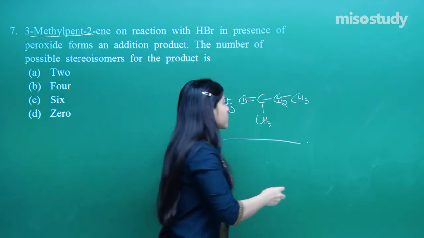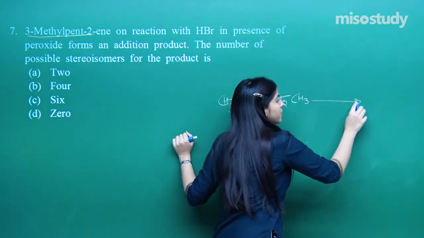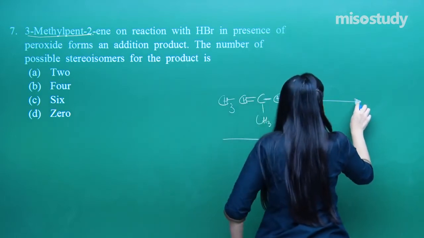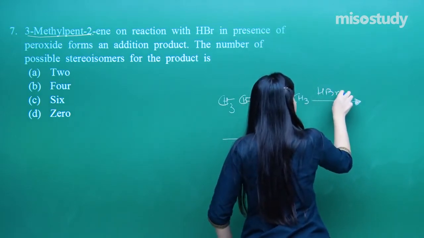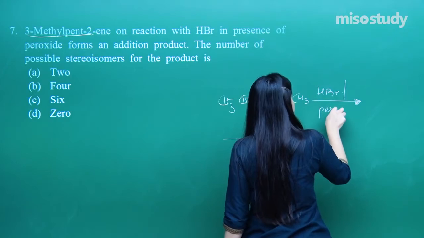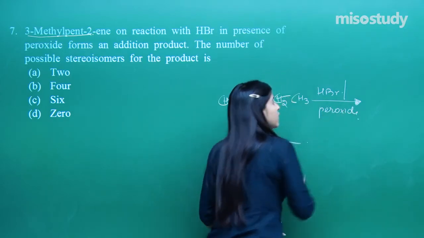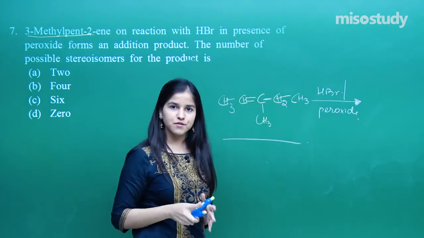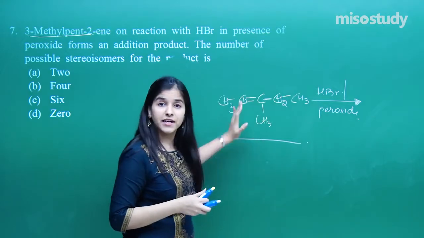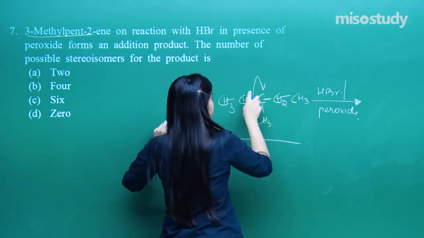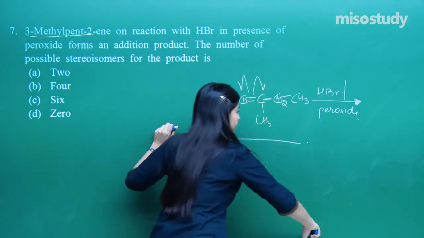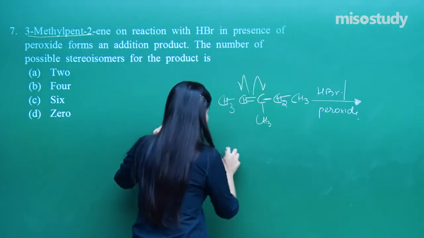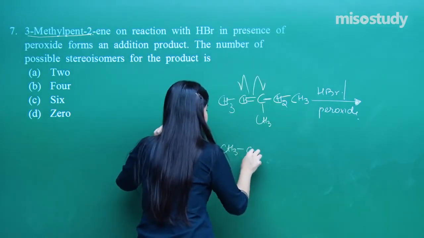Now let's just try to perform the reaction, HBr in the presence of peroxide. That means we want to follow the free radical mechanism again. So how does the free radical take place? Splitting up these two, what do we get? We get a compound like this.